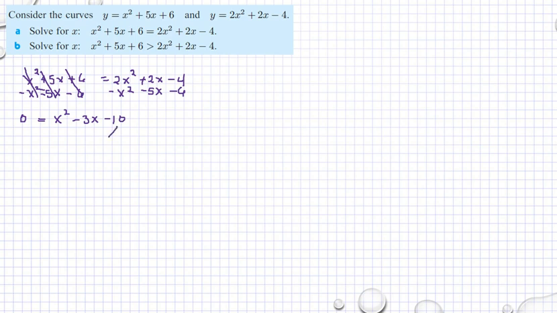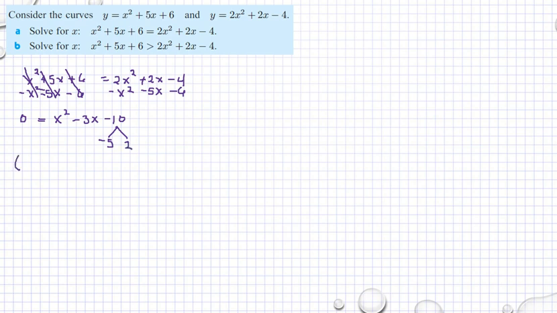If we can factor here, factoring is the easiest because we have negative 5 and positive 2, and we will get negative 3.